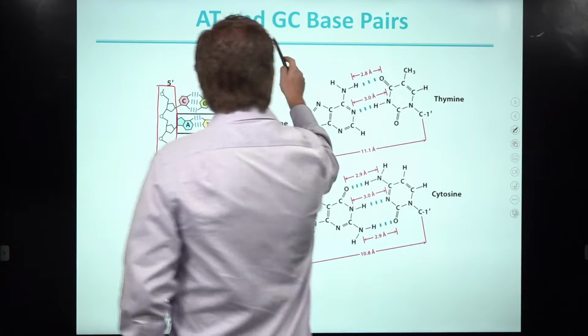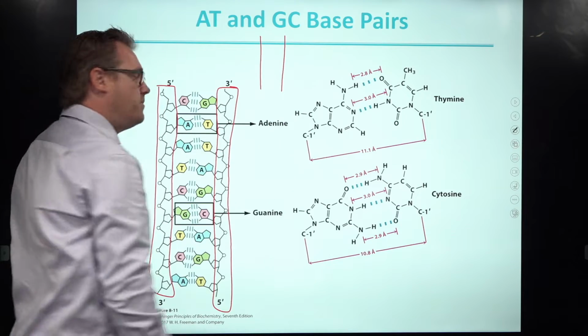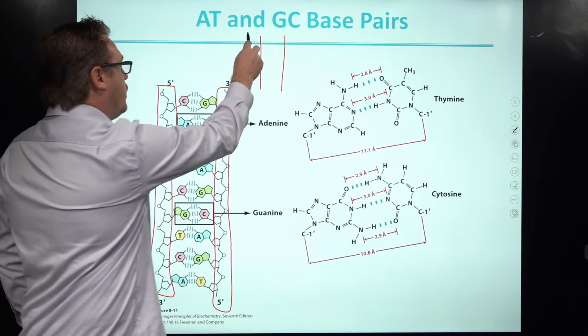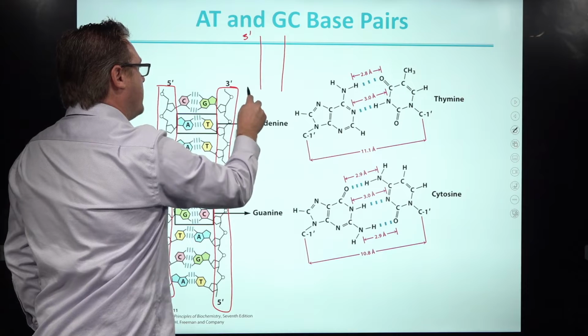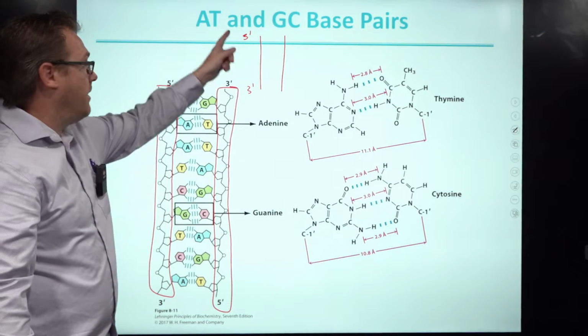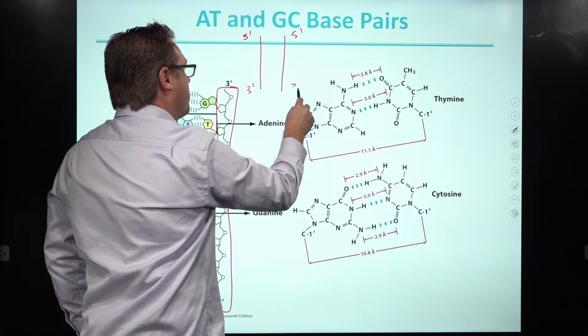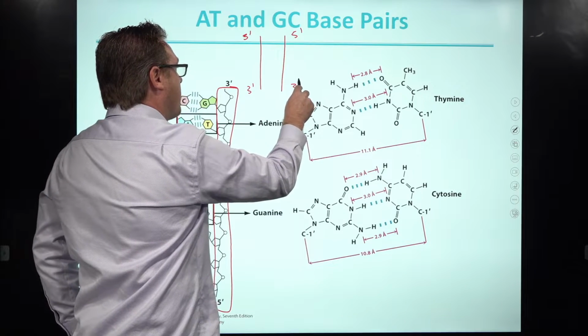So if we had a backbone like this and a backbone like that, could it be oriented in this manner? The strand right here is 5' to 3', and then the second strand is also 5' to 3'.